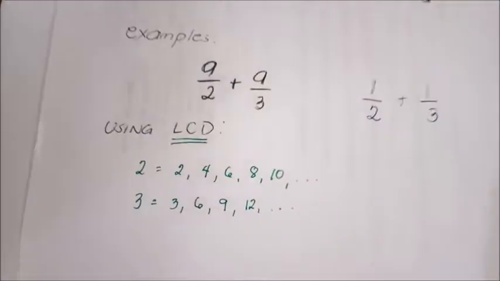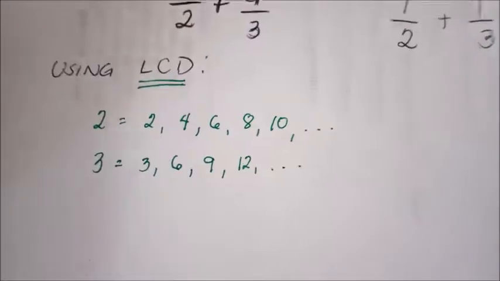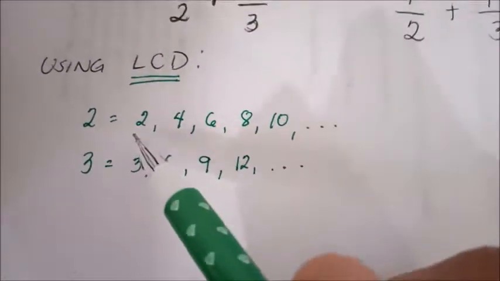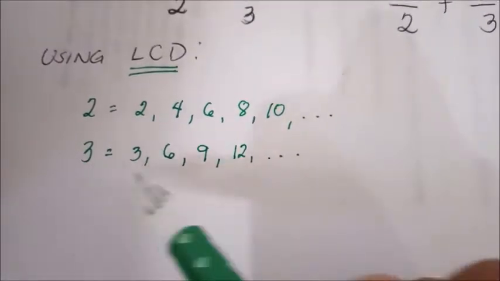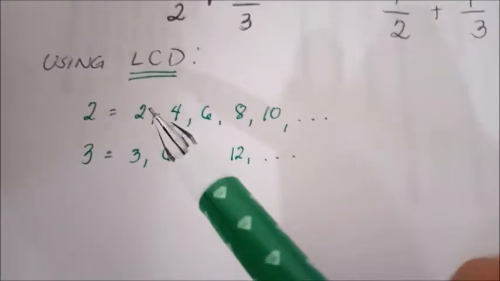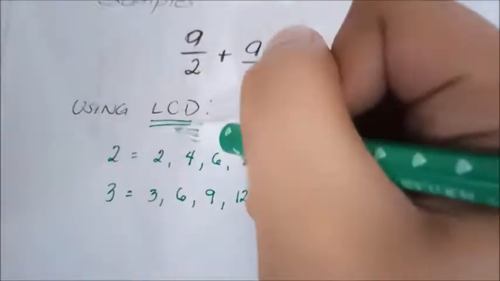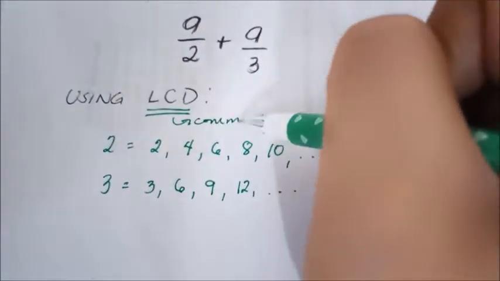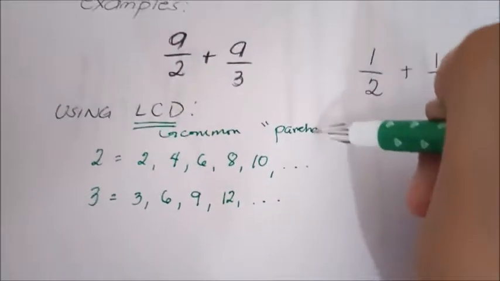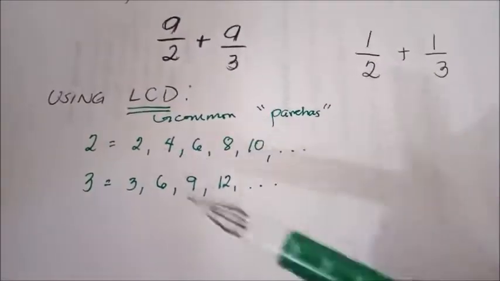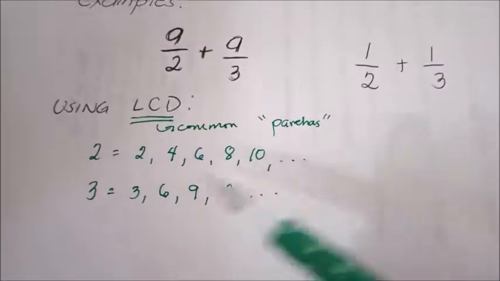Okay, bakit huminto na tayo sa part na yon? So, kung mapapansin niyo, we have 2, 4, 6, 8, 10. And on the multiples of 3, we have 3, 6, 9, and 12. Kaya sinabing common, ibig sabihin ay parehas. So, ano nga ba ang parehas sa dalawang set of multiples na ito?